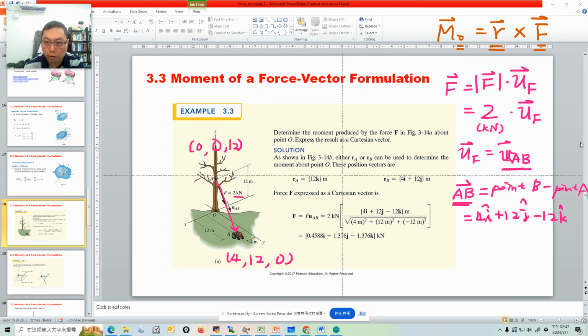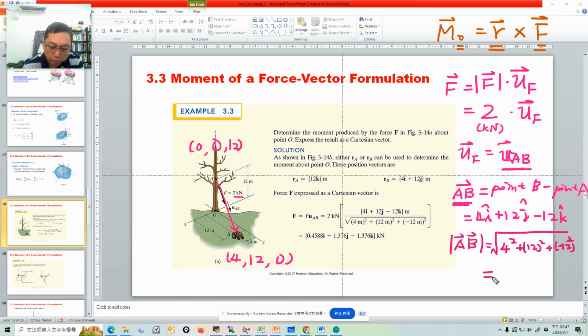So how do we calculate the magnitude of a vector? The magnitude is the square root of 4 squared plus 12 squared plus minus 12 squared. So what's the result? Don't forget to use your calculator. It's very important to use a calculator, and you need to practice it in your ordinary time.